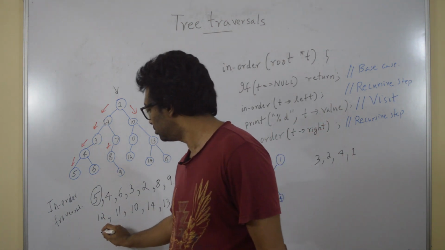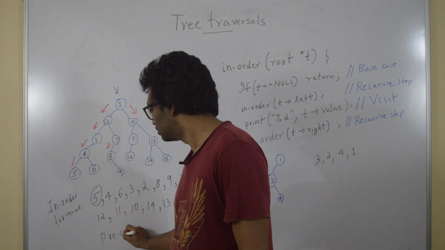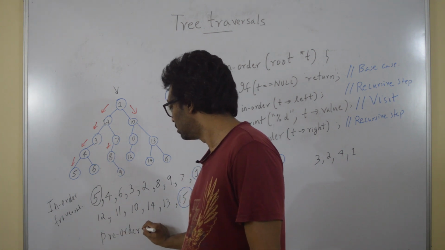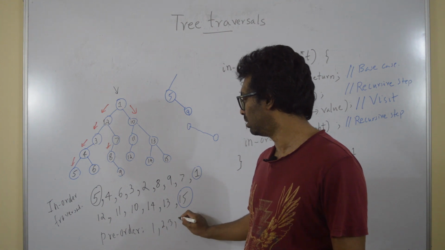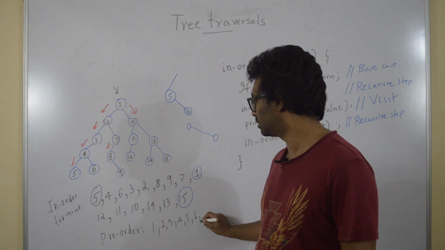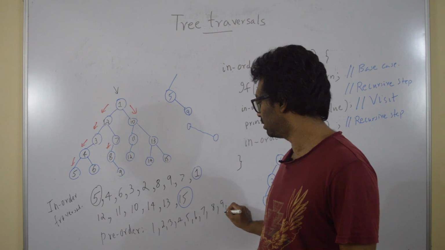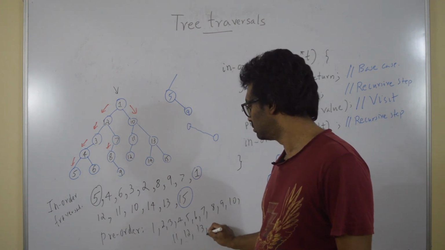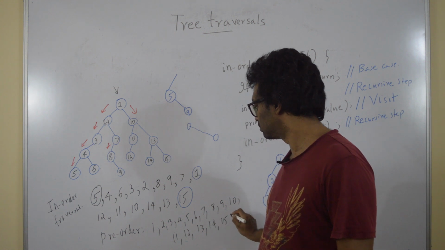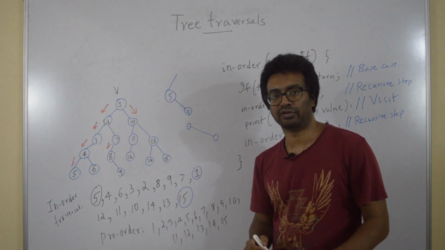The pre-order traversal is basically this number. So it's going to be 1, 2, 3, 4, 5, 6, 7, 8, 9, 10, 11, 12. Okay, this is our pre-order traversal.